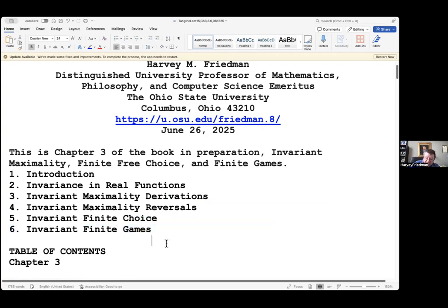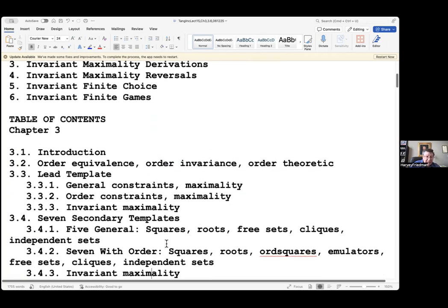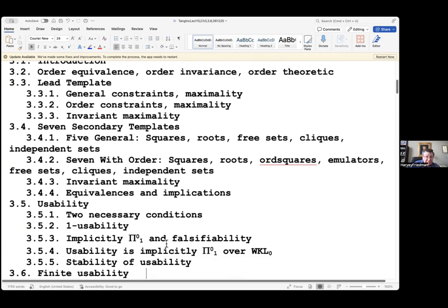And the table of contents for this chapter is changed slightly, but we've been through this order. This basic section on order equivalence, the lead template for the entire subject, secondary templates, squares, roots, free sets, cliques, independent sets, and there's a lot of implications here.